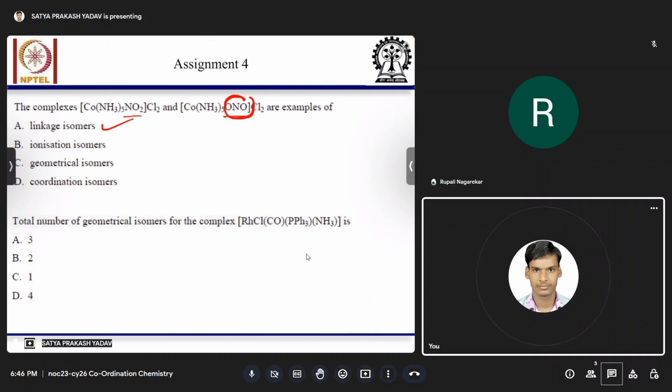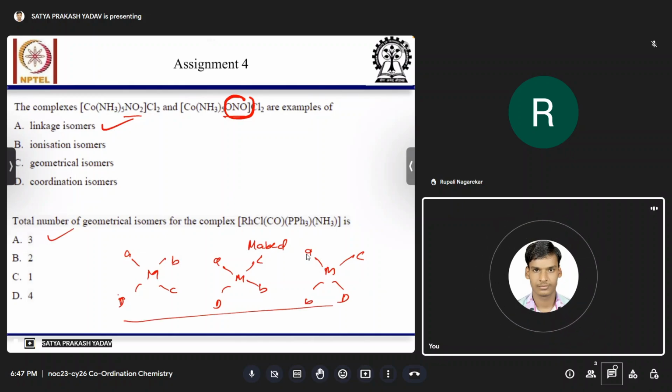Can anyone tell? This is called MABCD. We can hold A and just change the positions of B, C, D. So these are the three possible geometrical isomers.